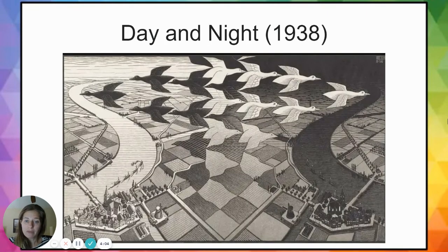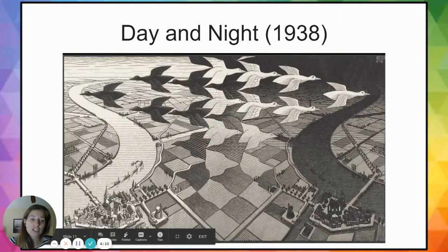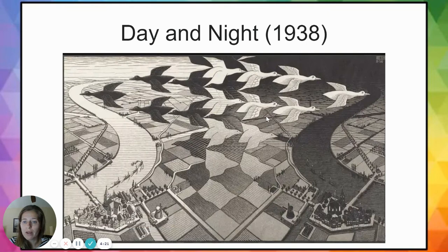This is one of his most famous works, and it's called Day and Night. It was made in 1938. You could see that it starts like a bird's eye view over a little town, and these are patches of farms, but then slowly the farms start to form into black and white birds that are then flying over the rest of the picture.